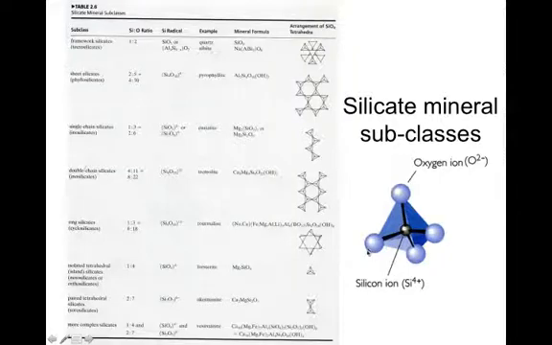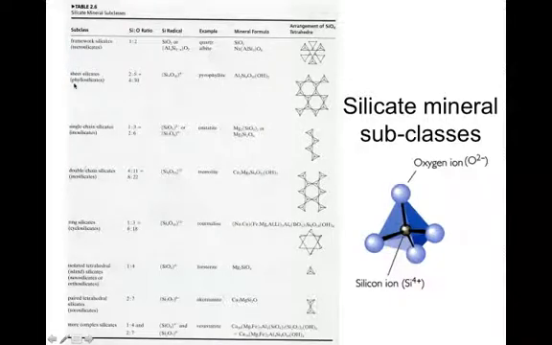The tetrahedra, you'll see, has these negative oxygen ions on the outside, and those bond to the cations in the minerals like calcium, magnesium, sodium, iron, that give us the different chemistries of the minerals within those subclasses. All right, so tectosilicates are forming these complex networks.